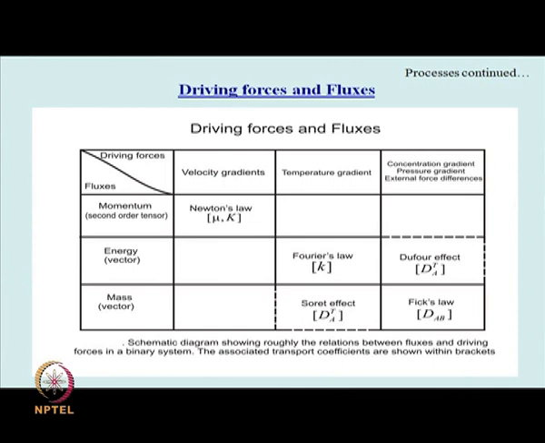But there are two other effects which need to be taken into account, which are shown here as the Dufour effect and the Soret effect. It has been seen that if we create a temperature gradient between two points in a medium, that will give rise to mass transport between point 1 and point 2.